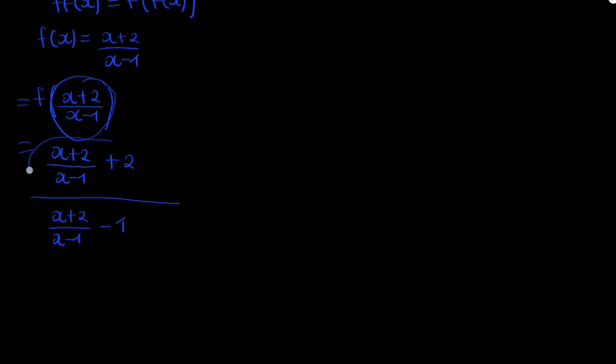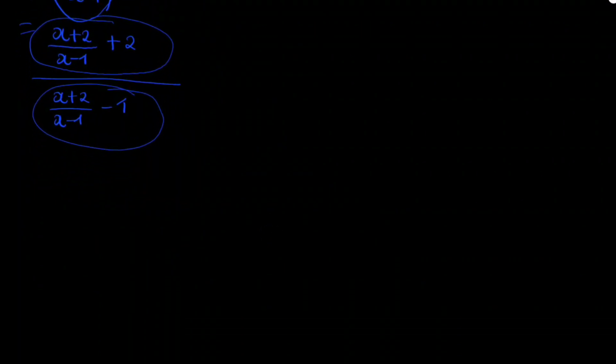I'm going to simplify the numerator first, and then I'll take the denominator and simplify it in order to make things easier. So let's take the numerator: x plus 2 divided by x minus 1, plus 2.